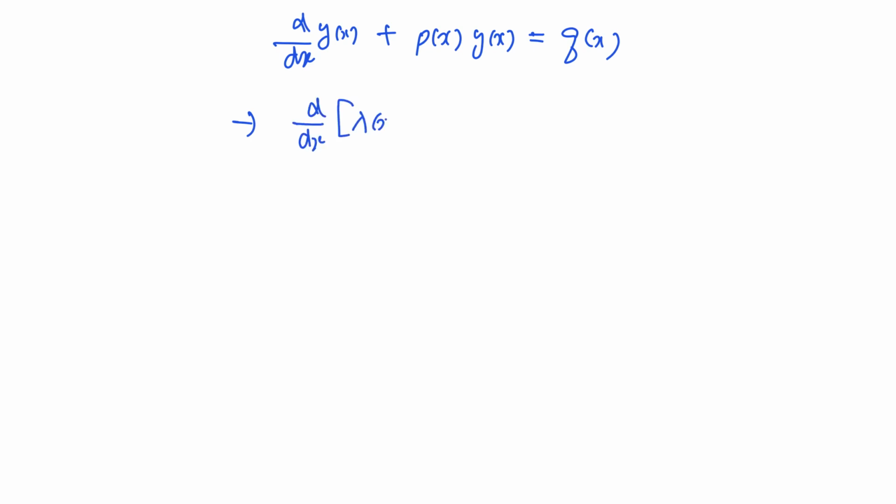We have dy/dx plus p(x) y equal to q(x), right? And we transform this into d/dx of lambda(x) y(x) equal to lambda(x) q(x). So how to find lambda?